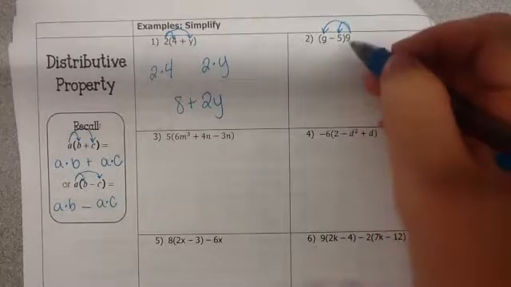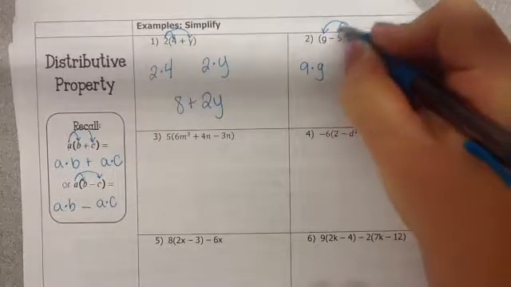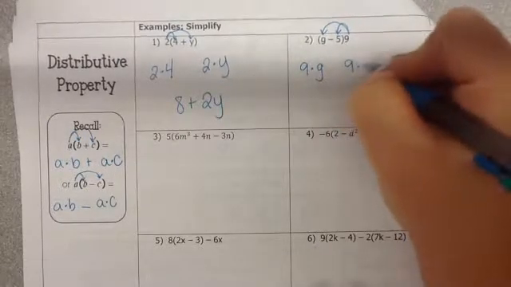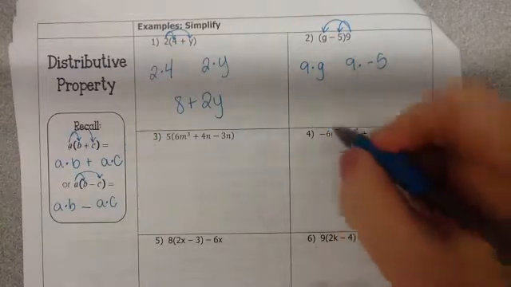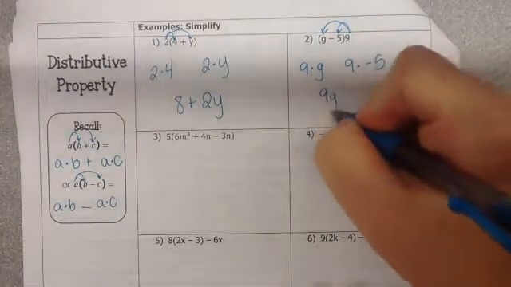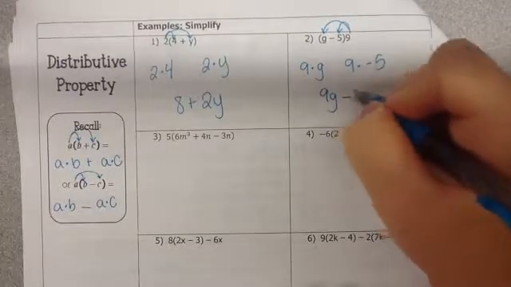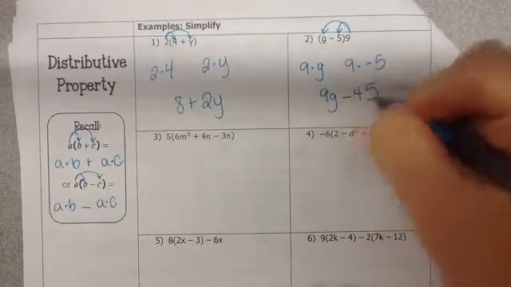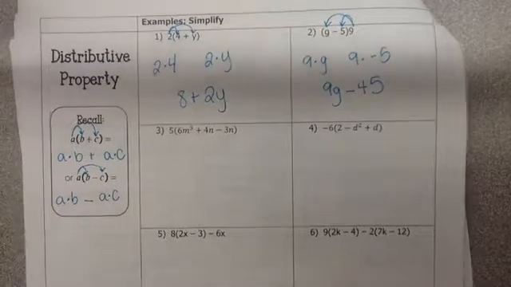Let's see how you did. 9 times g, and what's next? 9 times negative 5. 9 times g, 9 times negative 5, negative 45. Nice job.